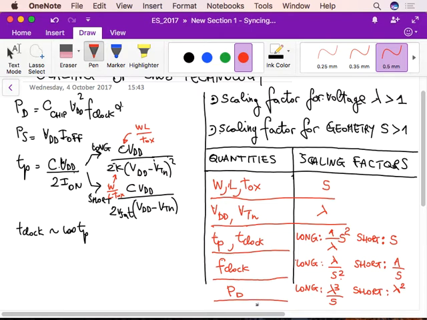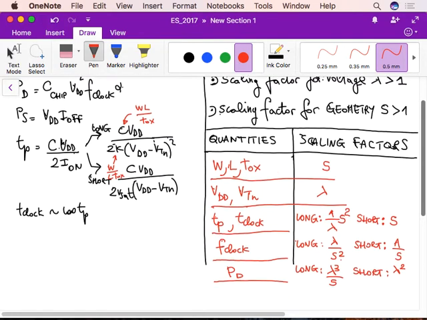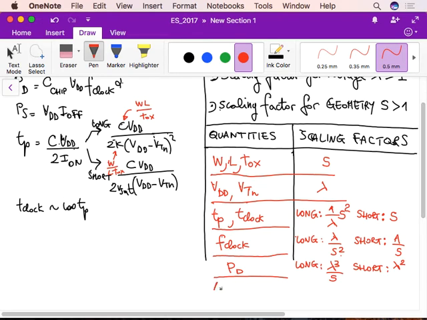Okay, so this is the power consumption of a single logic gate. The area occupied by a logic gate, of course, is proportional to W and L. So it goes in all cases like S squared. Okay, of course, these are approximate expressions.